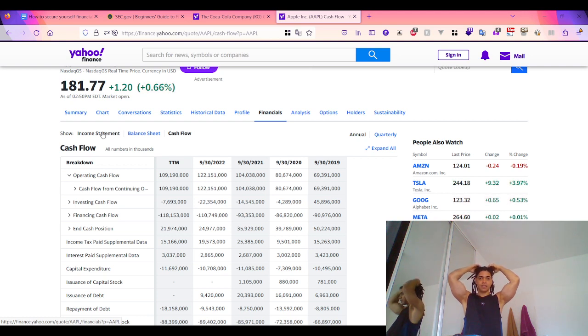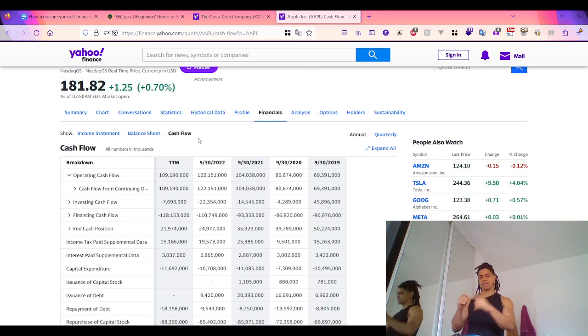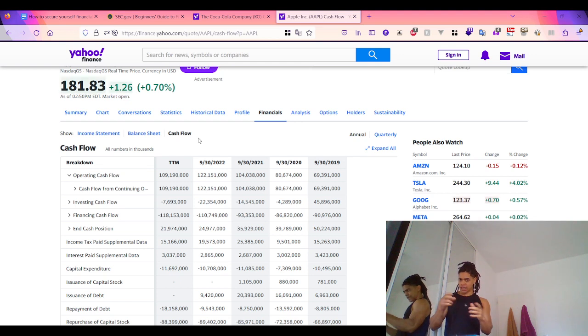Items that affect the income statement. These non-cash items are items that affect the income statement without any cash involved.